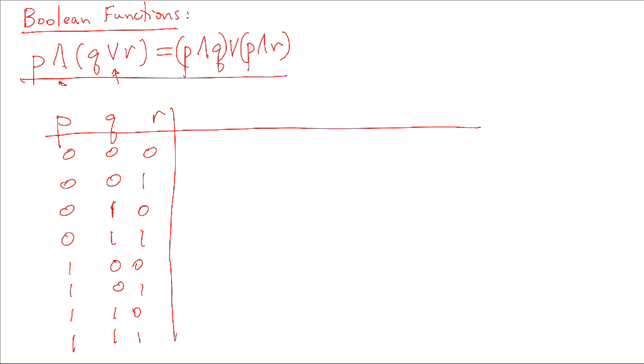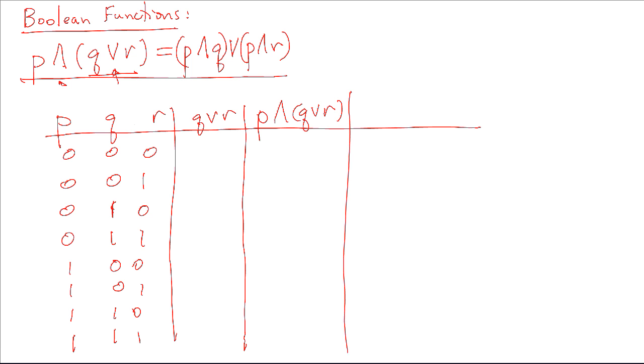What I'm going to do is first evaluate Q or R, and then I'm going to give myself a column where I can evaluate P and (Q or R). That will get me the left-hand side. Let's go ahead and do that.